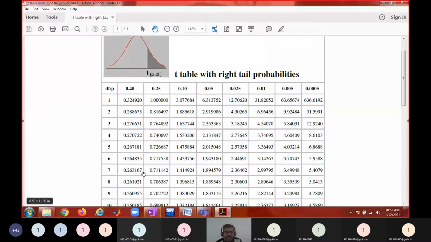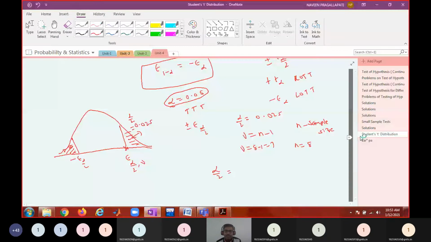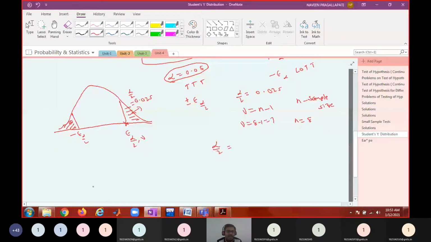For 7 degrees of freedom and 0.025, the critical value is 2.36462. Rounding to two decimals, 2.36. So 2.36 and minus 2.36. So what are the critical values? Plus or minus T alpha by 2 comma nu is plus or minus 2.36, for n equal to 8.